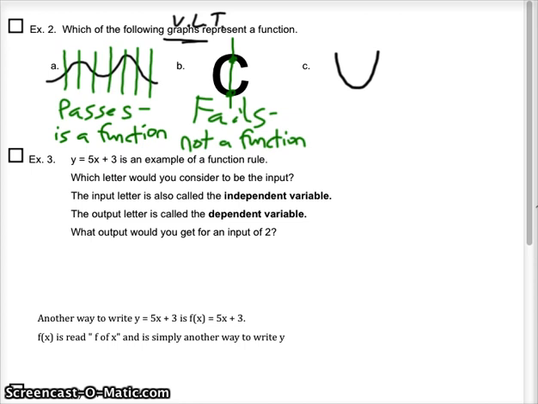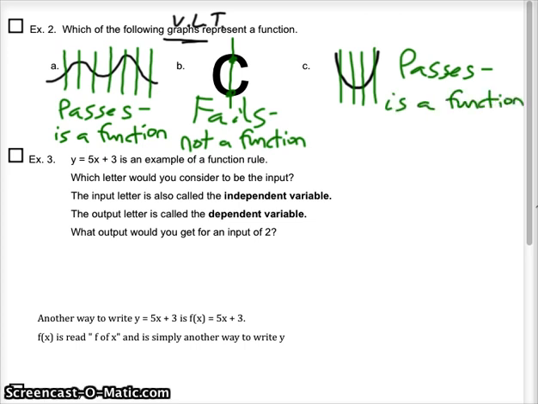And for C, again, draw a couple to convince yourself. But with every vertical line you draw, it's only touching that parabola once. Every time, only once. So what that's telling me is that passes the vertical line test. So that one is actually a function.